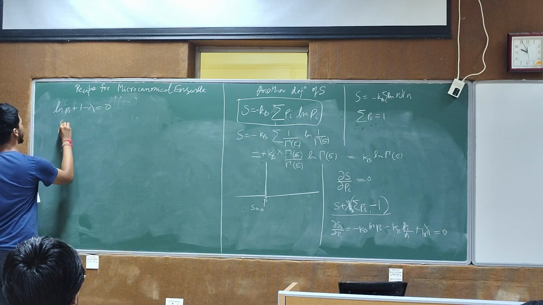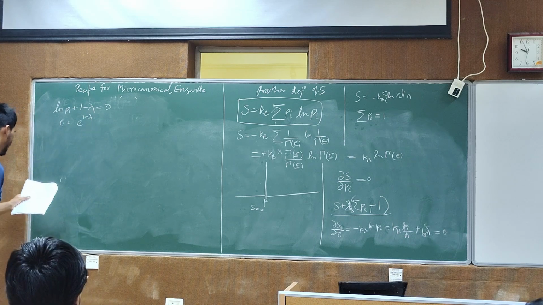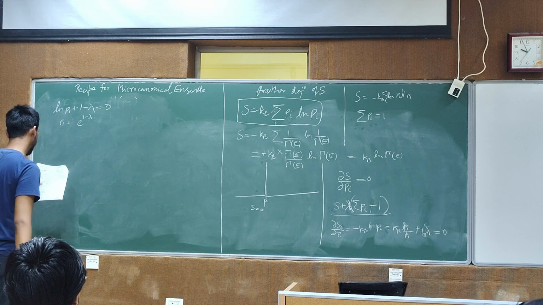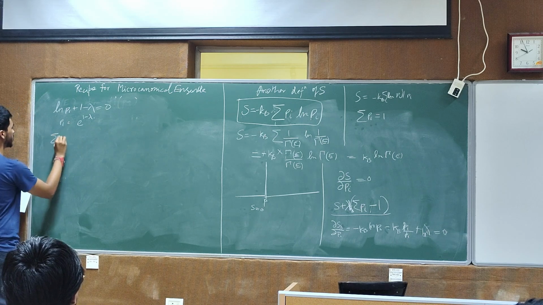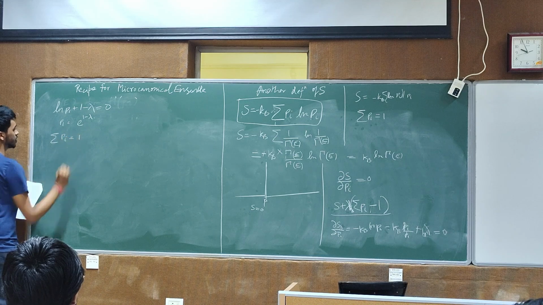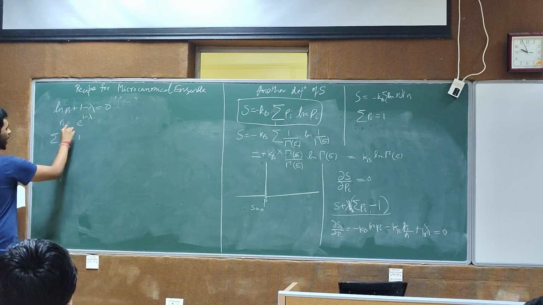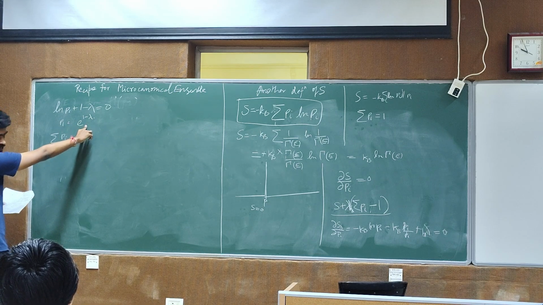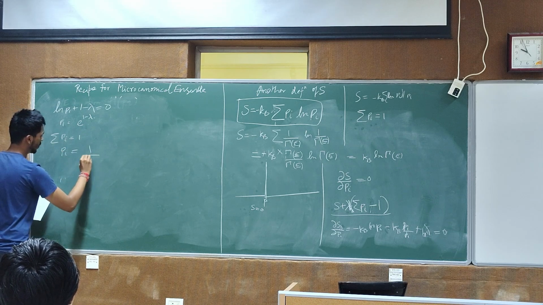So you get ln p_i plus 1 minus lambda equal to 0. So you get p_i equal to e to the power 1 minus lambda, and you get this lambda from the constraint that the sum over p_i is equal to 1. So p_i does not depend on i. For all i, you get a constant quantity, so p_i is basically 1 by the number of states.